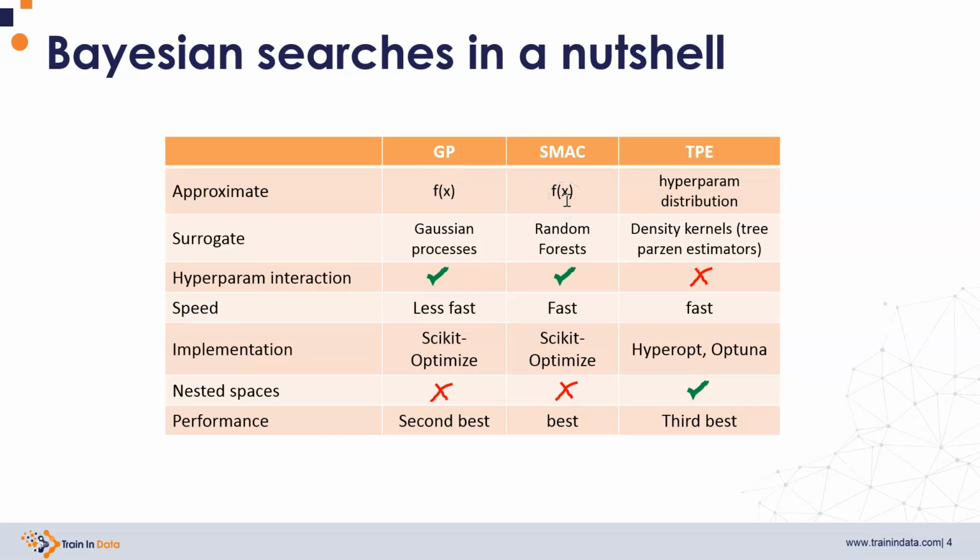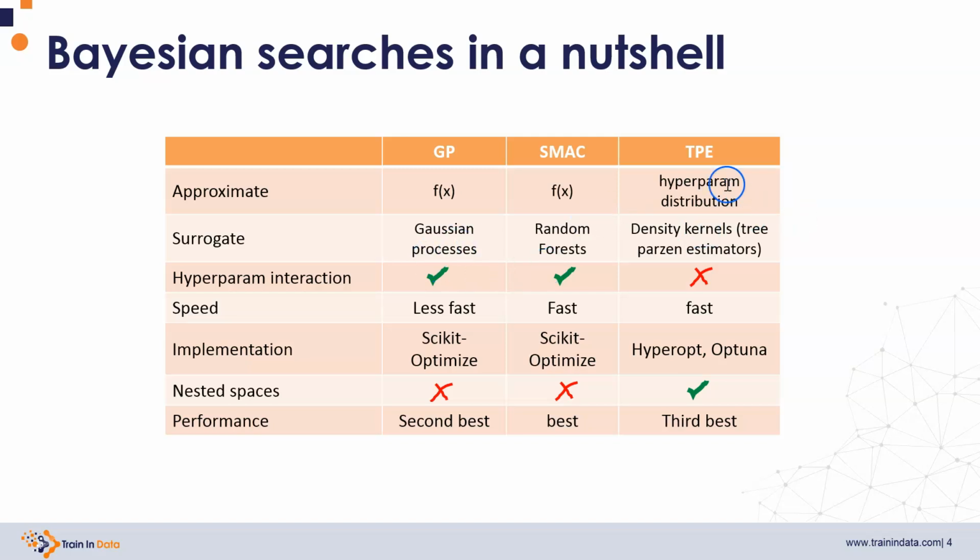This is the hyperparameter response function, whereas TPE is approximating the hyperparameter distributions. To approximate these models, Gaussian processes uses, of course, Gaussian processes, SMAC uses random forests, and TPE uses density kernels, which are also known as Parzen estimators, and therefore the name.